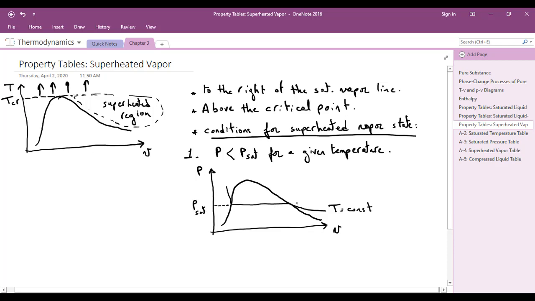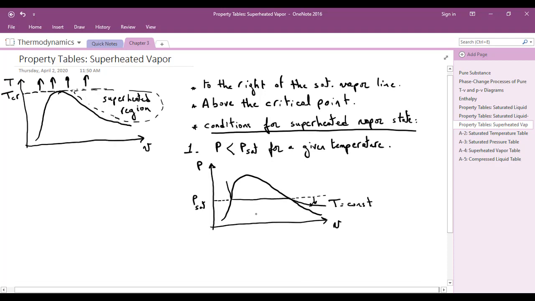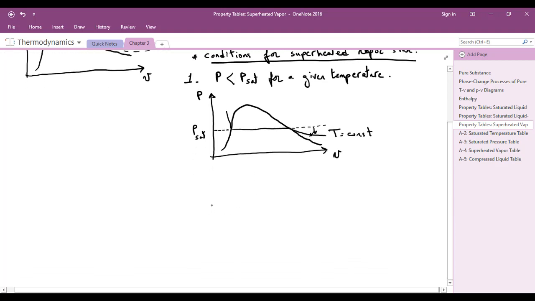So in order to be in the superheated vapor region, we should have a pressure lower than the saturation pressure for a given T. So if P is less than the saturation pressure for a given temperature, then the pure substance is in a superheated vapor state.